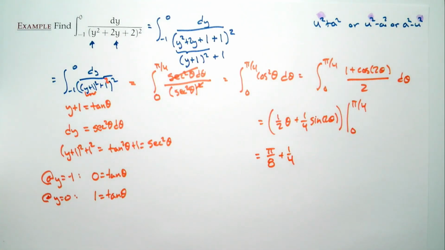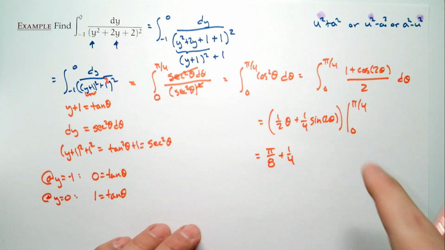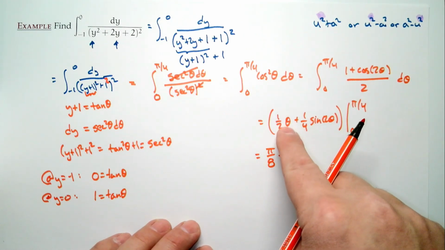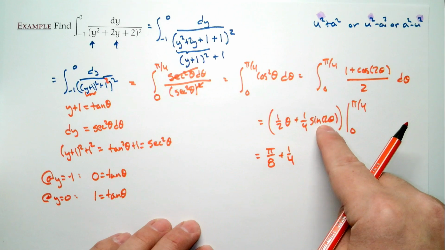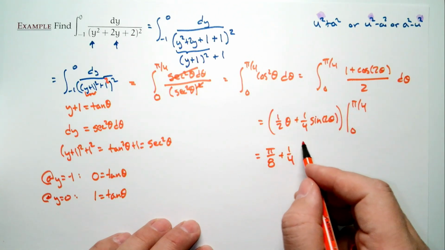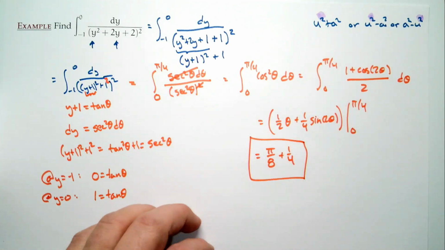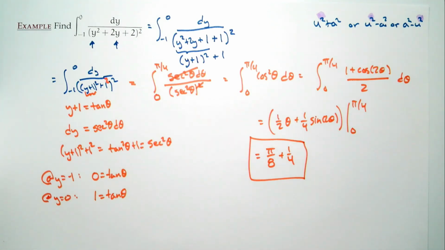Well, 2 times pi fourths is pi halves. Sine of pi halves is 1. So we get plus 1/4. And when you plug in 0, you'll get 0 and sine of 0, which is 0, which means those parts cancel, and you get pi over 8 plus 1 over 4. So trig substitution does work here as well.